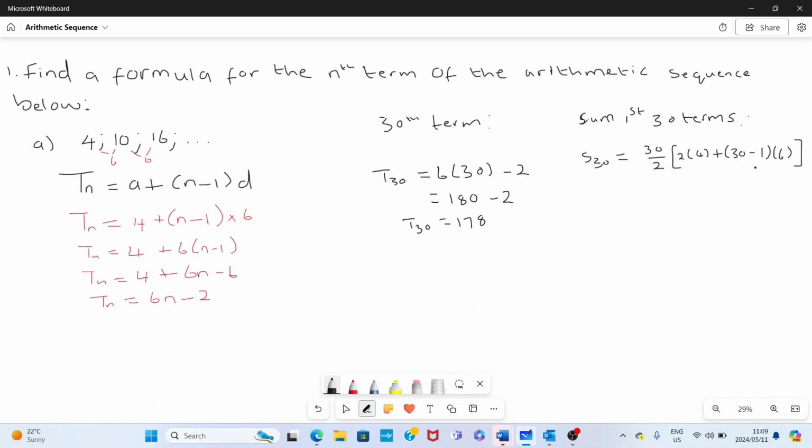Close the brackets. If you plug this into your calculator, this is 15, this is 8, this is 29, 29 times 6, plus 8, then multiplied by 15 outside the bracket. That would give us 2730. You can just check this on your calculator to confirm if that is true.